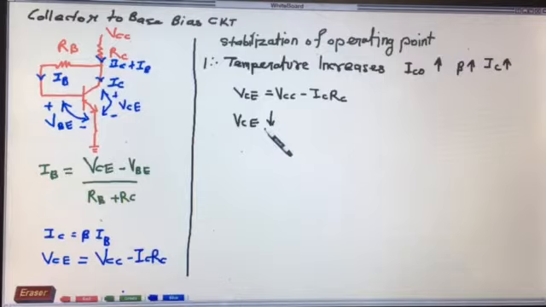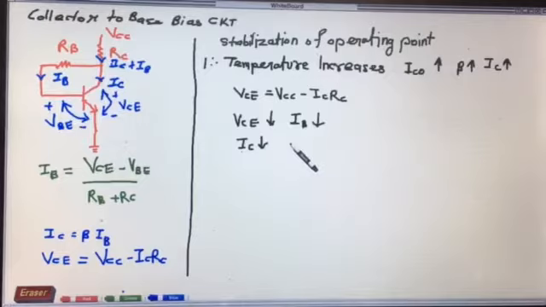When VCE decreases, according to this relation IB will decrease, which will again decrease the collector current. Thus collector current IC is not allowed to increase rapidly and the operating point will tend to stabilize.